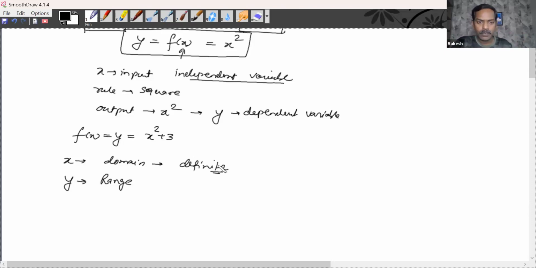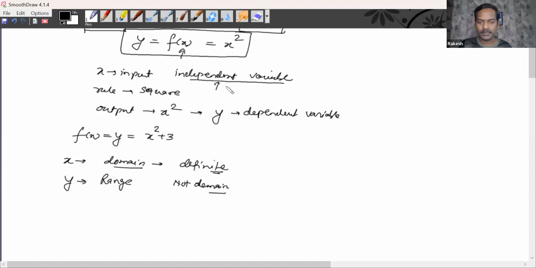At the same time, domain cannot be something for which applying the rule gives something which is not defined. We can't have certain domains. So it's not that because it is called an independent variable, we can put anything.